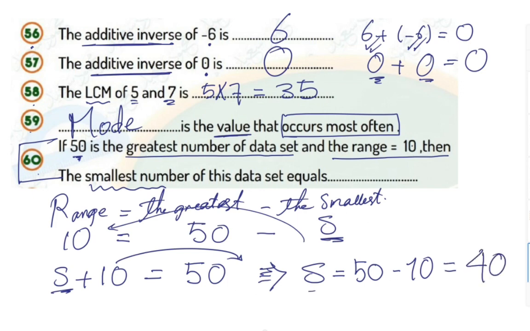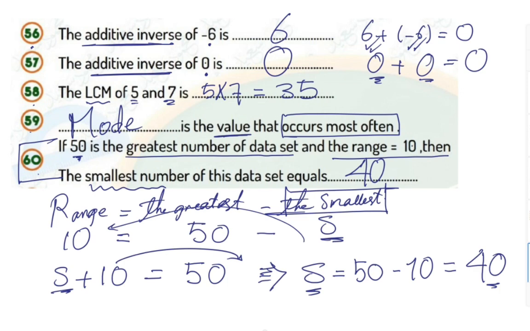So s equals 40, and s is the smallest number which he asked us to find. So it's 40. We finished the complete question. Let's go to the last question.